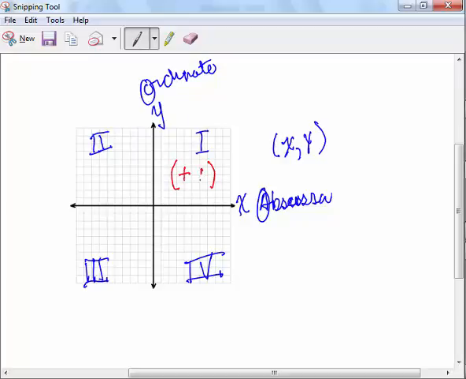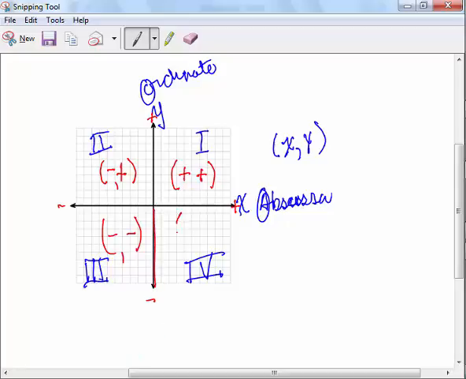got, because both of them are positive in the first quadrant, because this is positive and this is negative. This is positive and this is negative. So if you go over here to the second quadrant, the first number is negative because you're going back. The second number is still positive because you're going up. In the third quadrant, they're both negative because you're going back and down both.